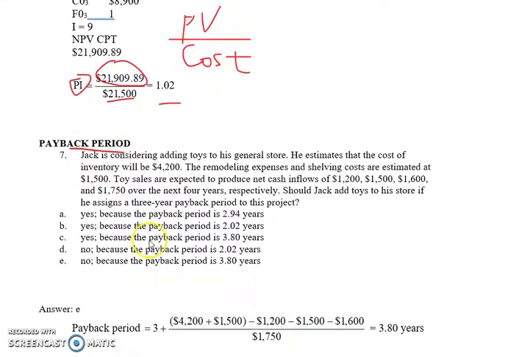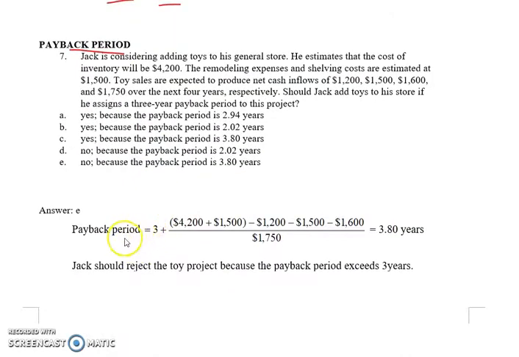Question 7, payback period. This is different from question 2. Here it is not the discounted payback period, just the nominal payback period. So basically the same thing. We start from the investment. Here we have two costs: the cost of inventory, and the cost of the remodeling expense and the shipping costs. We need to add all together. And then for the cash flow, we have this 4-year cash flow, and we do deduction to find out the balance.